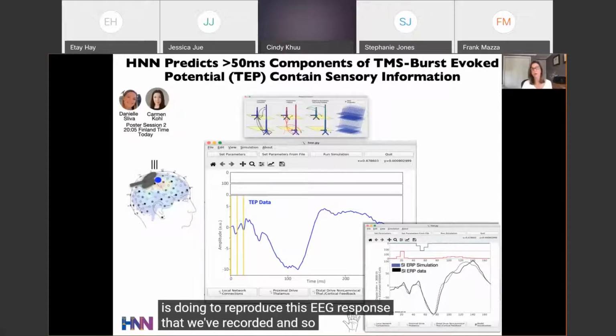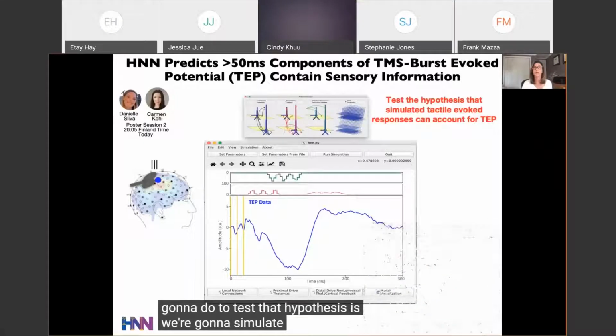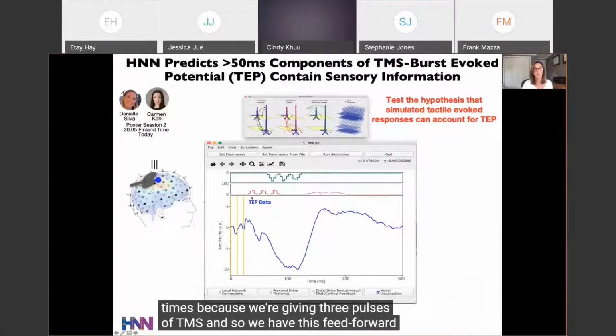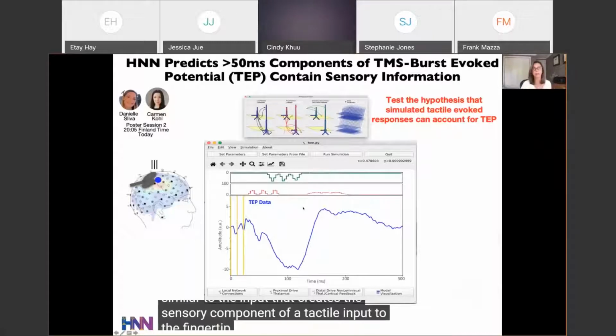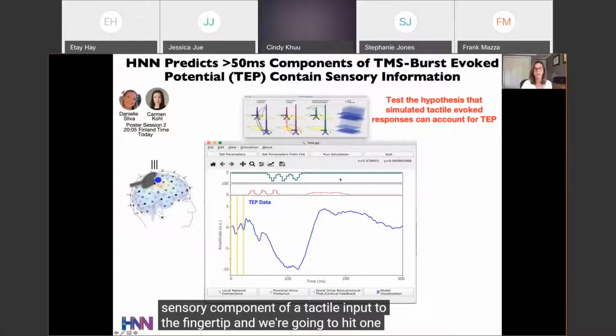And so what we're going to do to test that hypothesis is we're going to simulate a sequence of drive similar to the sequence of tactile input, but here we're going to do it 3 times because we're giving 3 pulses of TMS. And so we have this feed-forward, feedback, feed-forward input that's very similar to the input that creates the sensory component of a tactile input to the fingertip. And we're going to hit run simulation.